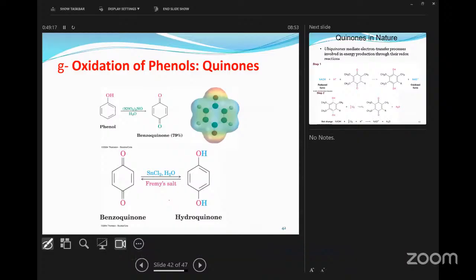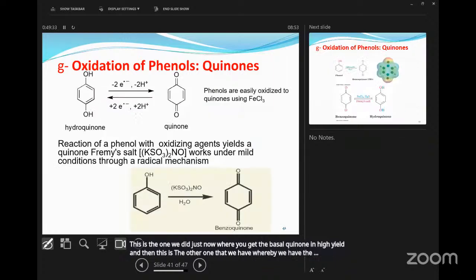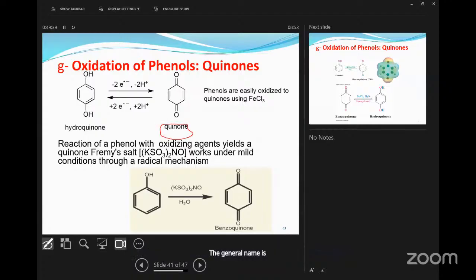Oxidation of phenols. Okay, that's what I just mentioned. This is the one we did just now, whereby you get the benzoquinone in high yield, and this is the other one that we have, whereby we have the hydroquinone. It's just the two that we have here. So this is the benzoquinone, whose general name is a quinone, but this is actually benzoquinone.